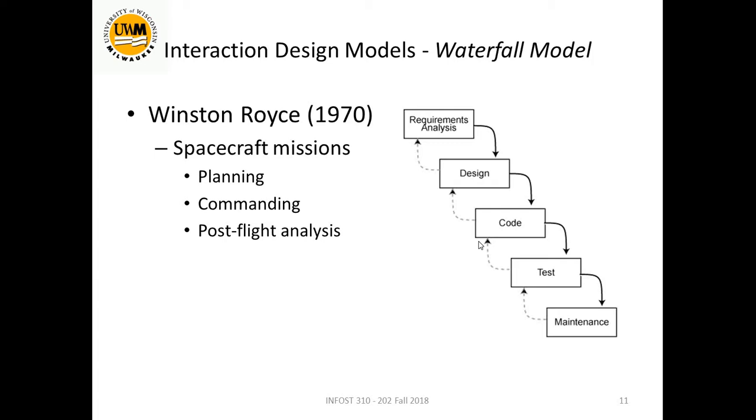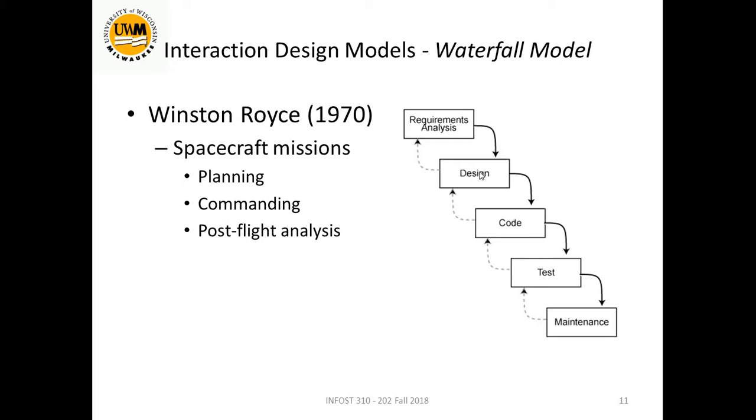So we start with the requirements, and as you can see, we don't move from the requirements to the design until we finish the requirements. We move to the design, but we evaluate the design. We might return to the requirements to change or manage changes, add requirements, take out requirements, and so on.